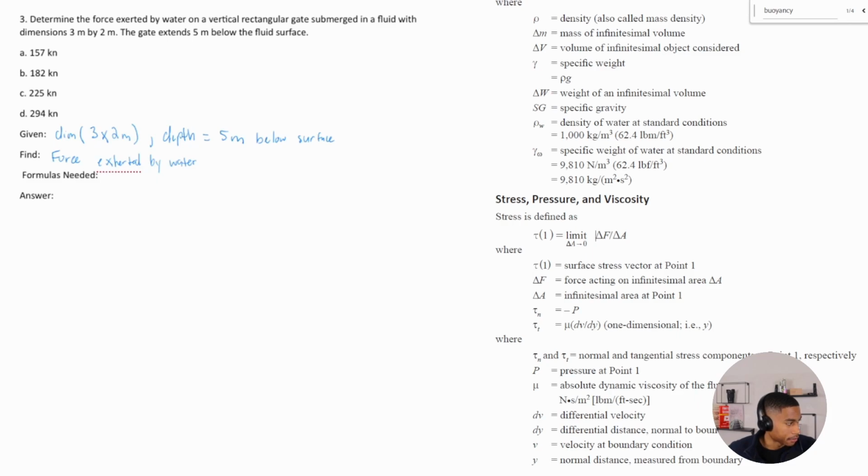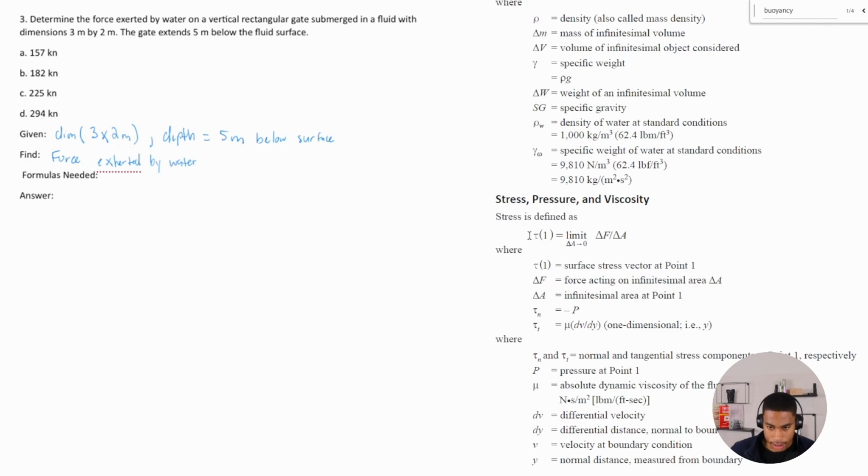And we have P, pressure. So the pressure of water. We know the density of water. We don't know the pressure of the water at this point of 5 meters, but I believe that we can solve for it.